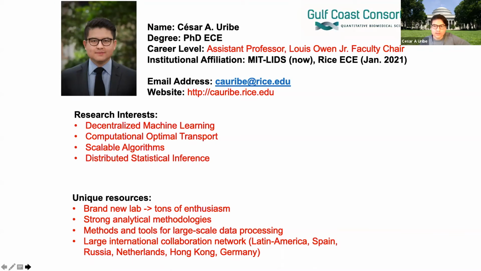So how can we design good algorithms for problems related to optimal transport? In the next couple of slides, I'm going to talk a little bit about this. My main research thrust is in this idea of scalable algorithms. If you cannot solve your problem with one computer, you should use two computers, but how much harder is it to coordinate two computers to solve this problem?